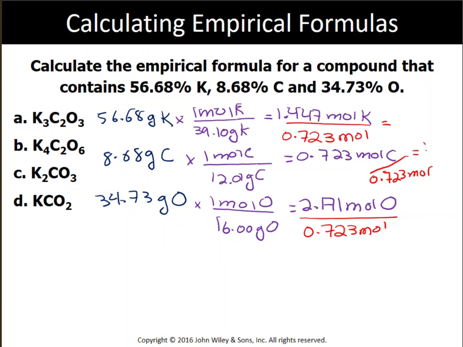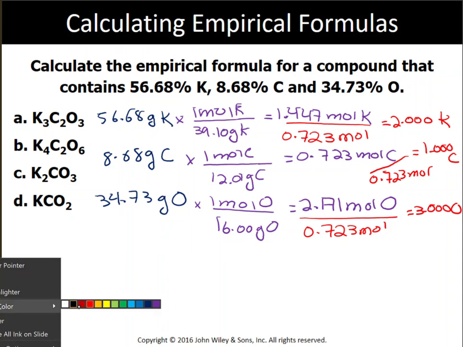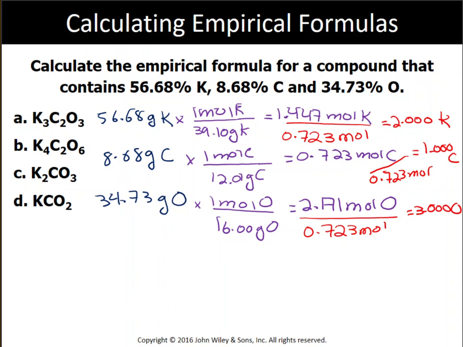So that gives us 1 for carbon, 2 for potassium, and then 3 for oxygen. So since we ended up with whole numbers, we can conclude that the empirical formula of this compound is K2CO3, 2 potassium, 1 carbon, and 3 oxygen.